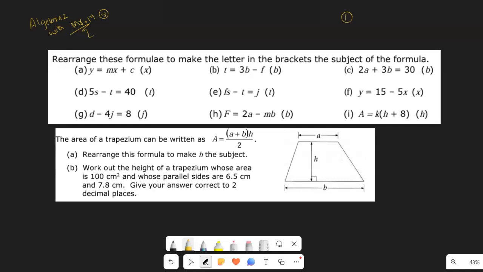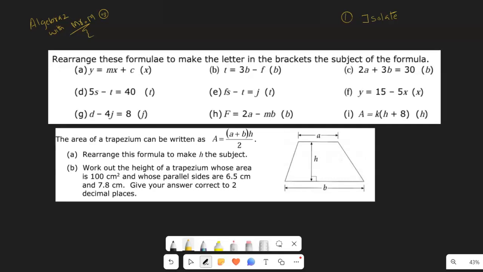It is the same procedure you use for solving a one-step equation. If you want to make a particular variable the subject of the formula, you need to isolate that variable. Isolate it, and then do the remaining procedure.